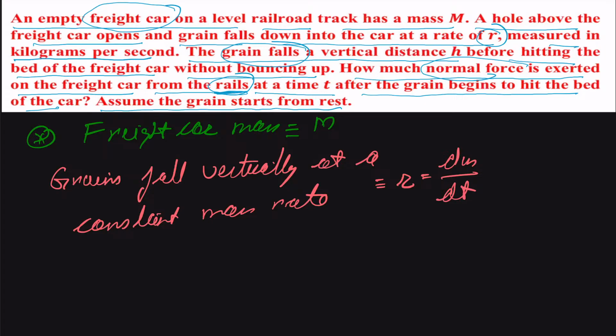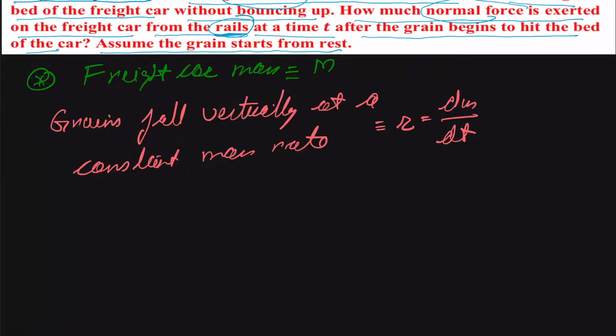It is also given that they are falling from the height h. So these are the things which are given to us, and we are going to find out the normal force from the rails on the car at time t.